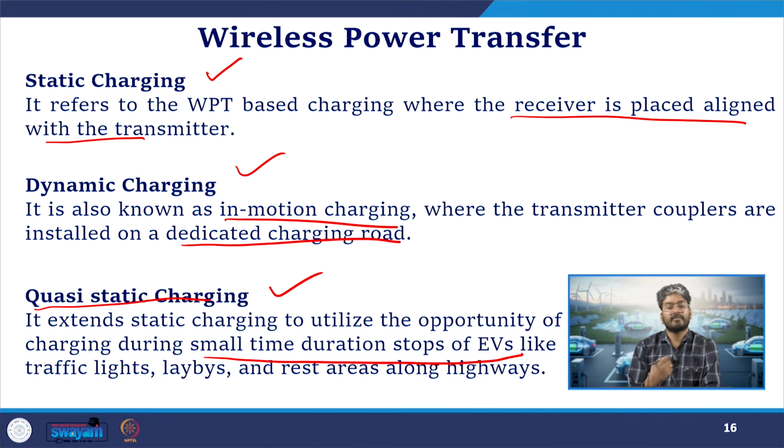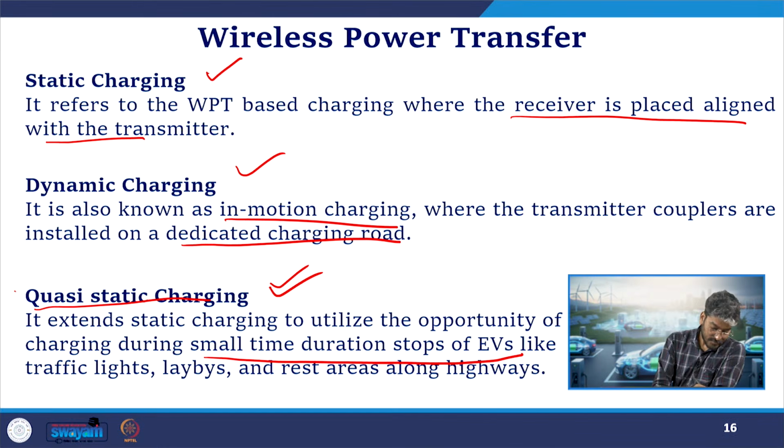We know that the bus, which is an electric vehicle, will come to that bus stop, and it will be halted for around 1 to 2 minutes. When the passengers will be getting on board or deboarding, during that time my power transfer can take place. So what will be the advantage of having this quasi-static charging? Again, I am reducing the downtime of the vehicle.